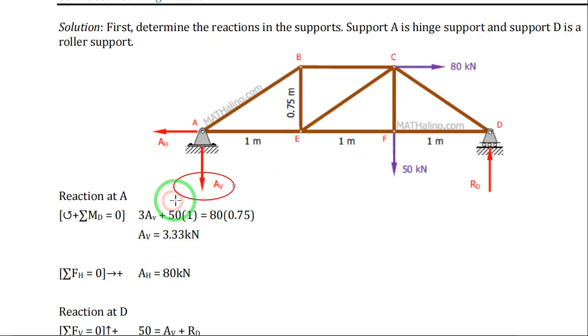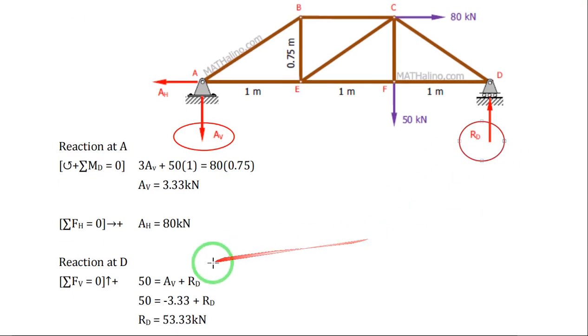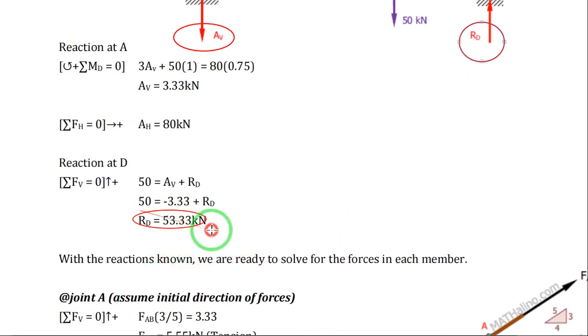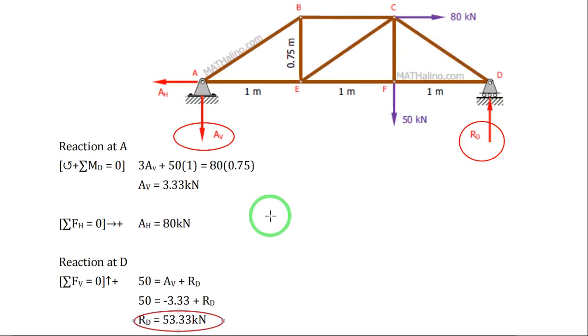This is A vertical, and then your D vertical, or the reaction at D, will be upward, which is equal to 3.33 kilonewtons. So you have to apply the fundamental knowledge that you have learned from the equilibrium of parallel force system for this one.